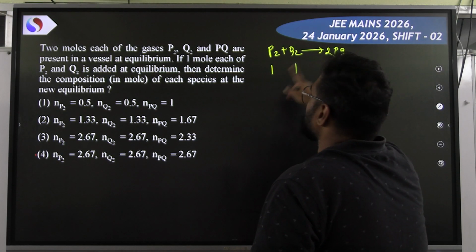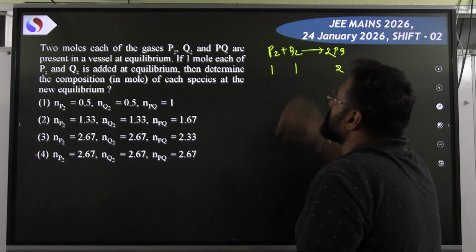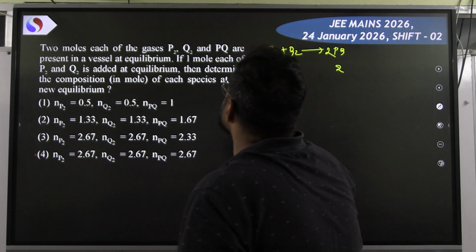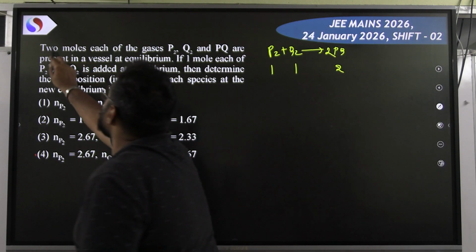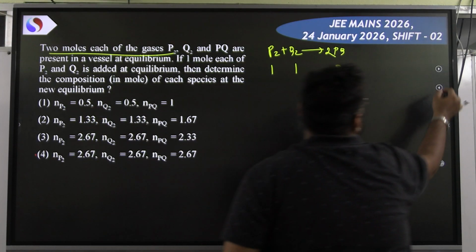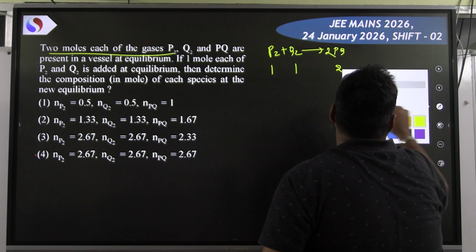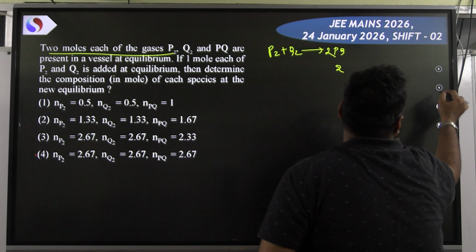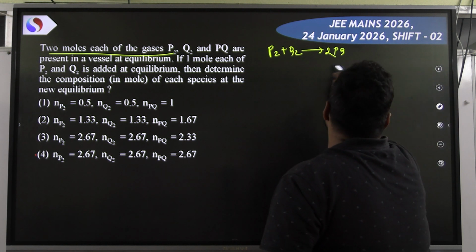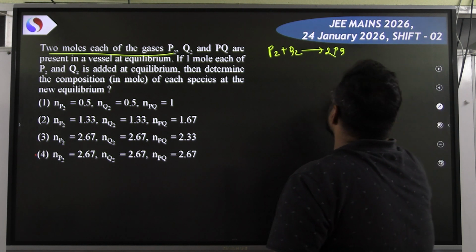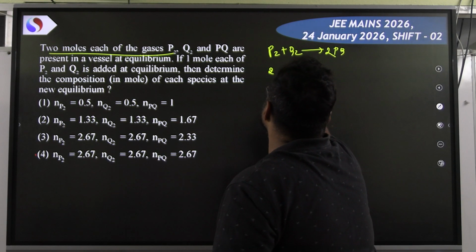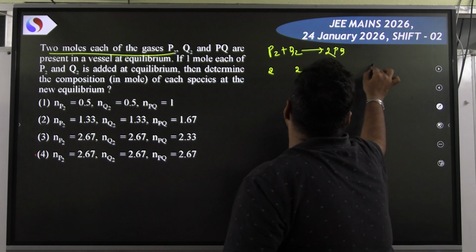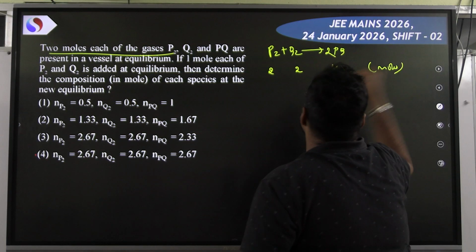The question says we have 2 moles of gas at equilibrium, so this will be 2 moles, and this will be 4 moles at equilibrium.